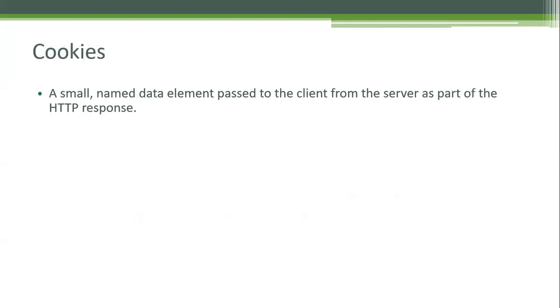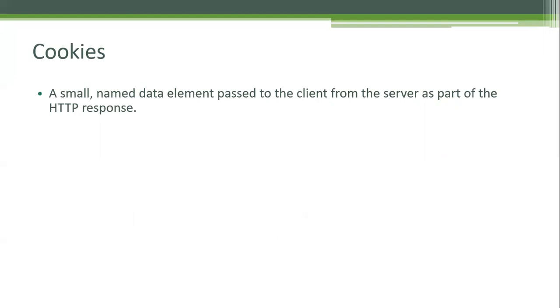Next thing, cookies. Why do we go for cookies, and what are cookies? A cookie is a small named data element passed to the client from the server as part of the HTTP response.